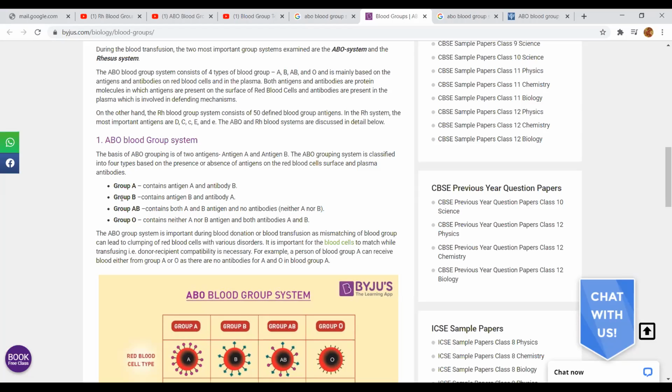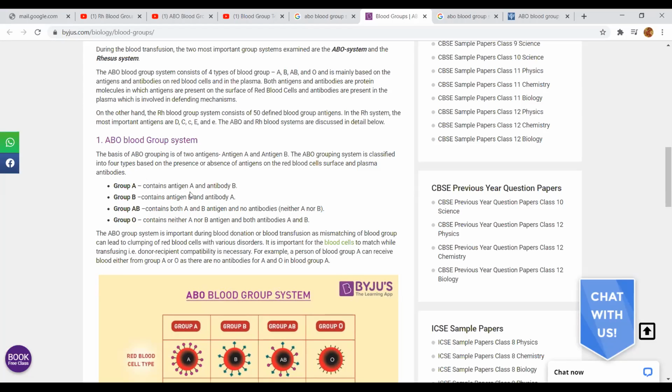Now, as we are talking about the different blood groups, what does group A have? Blood group A will have the antigen A and antibody B. Please remember this.